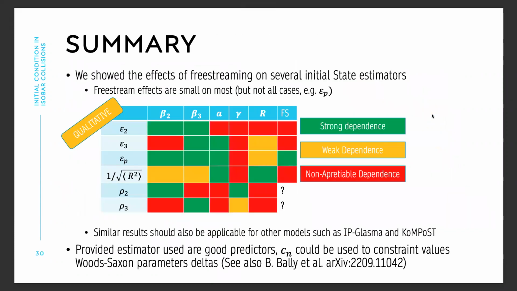Okay, so just to summarize, we show the effects, or in some cases the lack of effects, of a pre-equilibrium phase, the free streaming, on several estimators of final state observables. So that's mostly the epsilons and the v's.